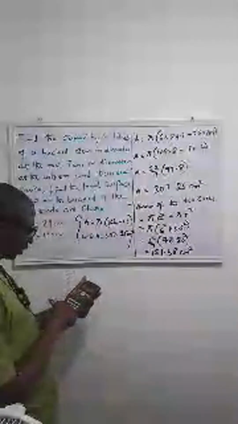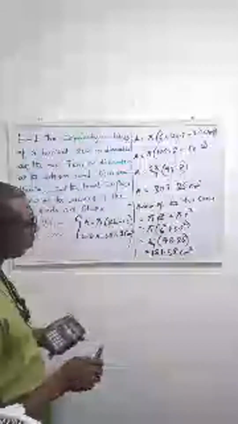All right. So now the question is asking for the total now. So to get the total, we add this and this together. So when you add that, what do we have as our final answer? The final answer now is going to be the addition of this and this. So let's add 307.25 plus 151.58.